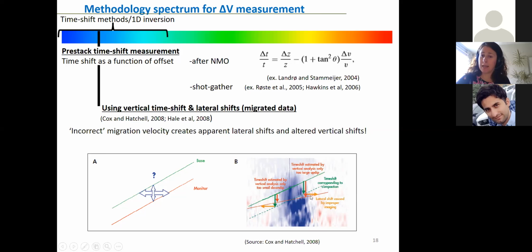And similarly, up dip, you have a lateral shift caused by improper imaging, leading to a smaller apparent vertical shift. Simply because this problem is quite complex, you wouldn't be able to just see this and know how to adjust your time shifts up dip and down dip.